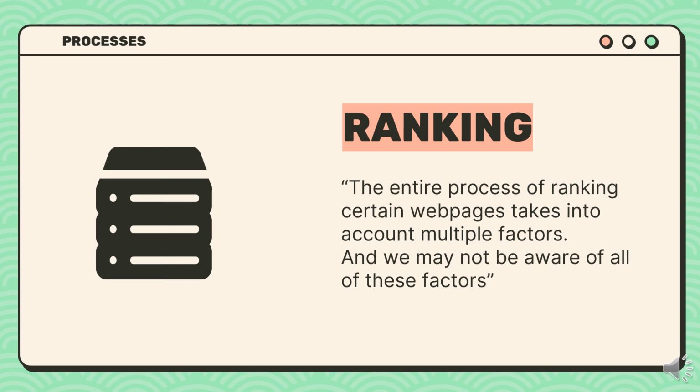Another important factor is the number of websites that are linking to your page and the overall freshness of the content. For example, an article written in 2021 about a specific topic is likely to rank higher than an article written in 2020 on the same topic.